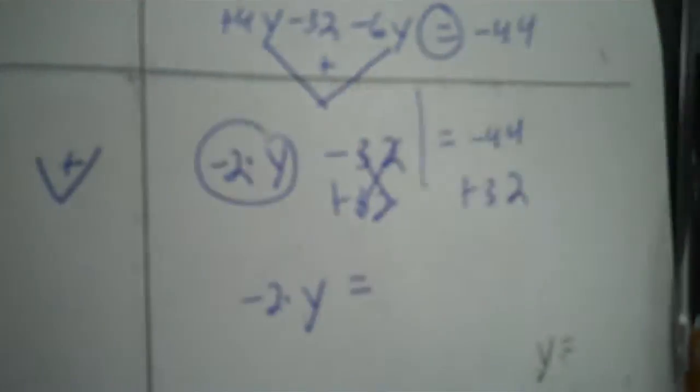So -2 times y. -44 plus 32 is -12. Then we're going to divide by -2. So -12 divided by -2 is 6. So that's your answer for y.